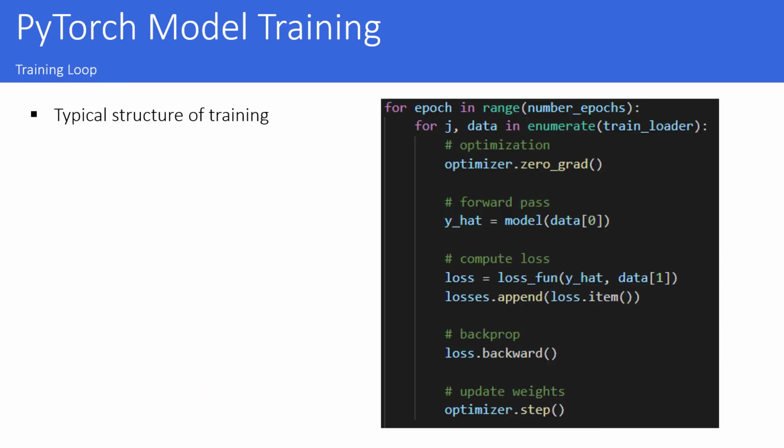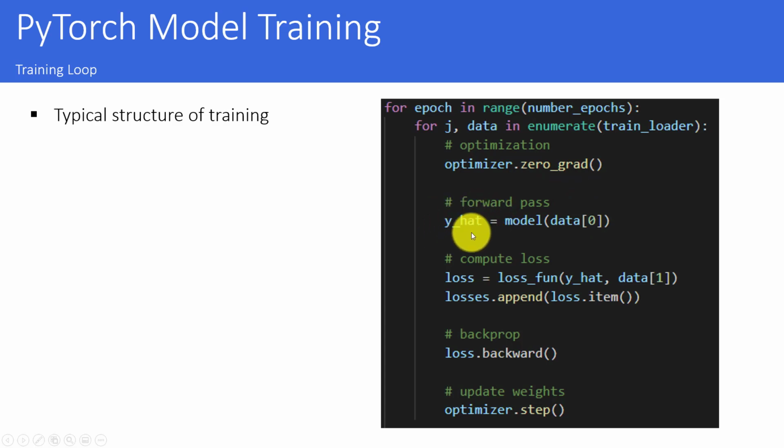Here you can see the classical training loop. So this is a very typical structure that you can see a lot in our coding lectures. So we are having an outer loop for iterating over the different epochs. Then we have the inner loop in which we are iterating over the batches. And then we have at first the optimization. We are zeroing the gradients out. We will talk about that more in the later lectures. Then we have our forward pass in which we are calculating the predictions.